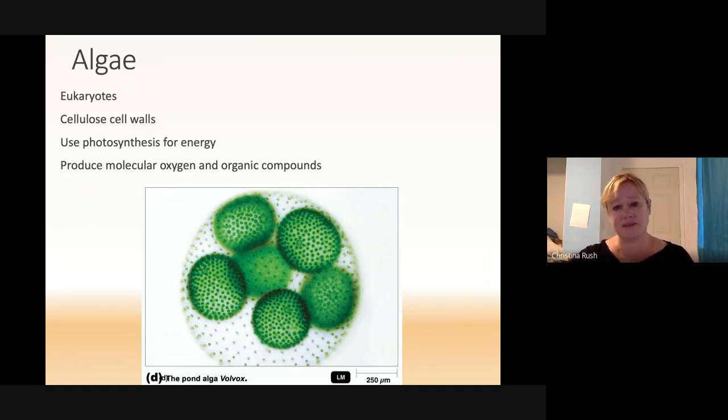One of the bad things is if you have too much algae in a particular water system, it can choke the life that's there. Usually we find this with really high nitrogen compounds in the water. So anywhere you're downstream from a water treatment plant, you want to test for nitrates because that could increase algae growth.